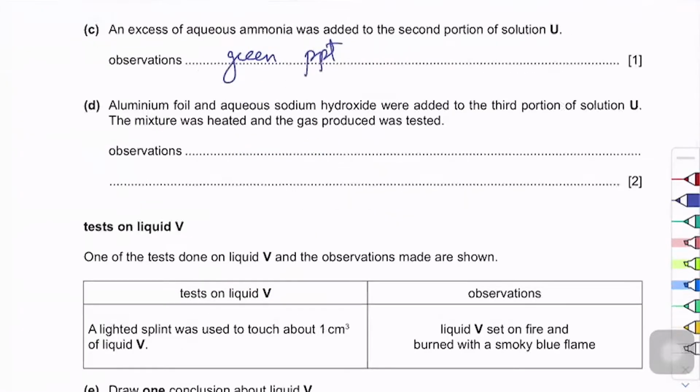Aluminum foil and aqueous sodium hydroxide were added. Why do we do that? Because every time you have nitrate, you can test it using this. Aluminum foil is a big hint that you're testing nitrate. The mixture was heated and the gas produced was tested. So there's going to be gas, they've told us, there's going to be bubbles. Another word for that would be effervescence. And what's the test for that gas? This is ammonia.